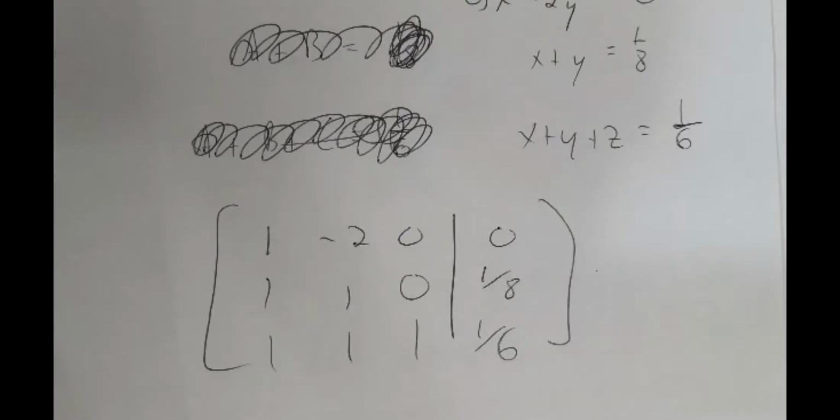All right, so I'm going to do this on the calculator right quick. So 1 minus 2, 0, 0, 1, 1, 0. Let's see what I get. 1/8, 1, 1, 1, and 1/6. Okay.